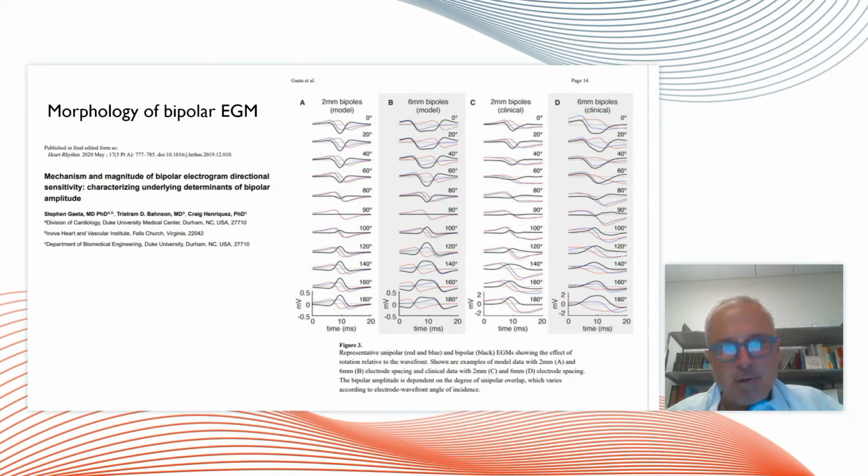I know there is plenty of literature of bipolar voltage maps, and this is just because we don't have anything else for routine use in most EP labs. But it doesn't mean that bipolar voltage map is a reliable quantity, a reliable characterization of the substrate of the heart, of the electrical energy of the cells. The bipolar signal can be anything, as you can see here.